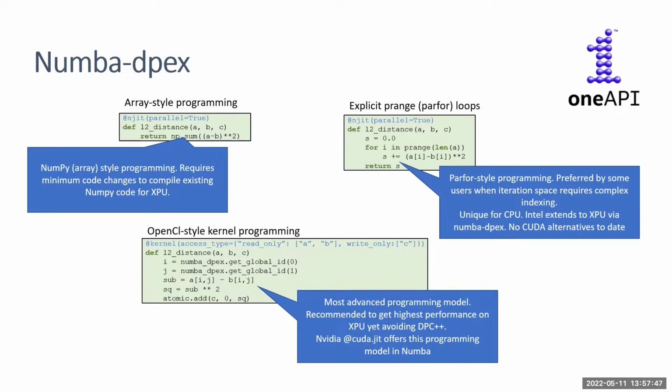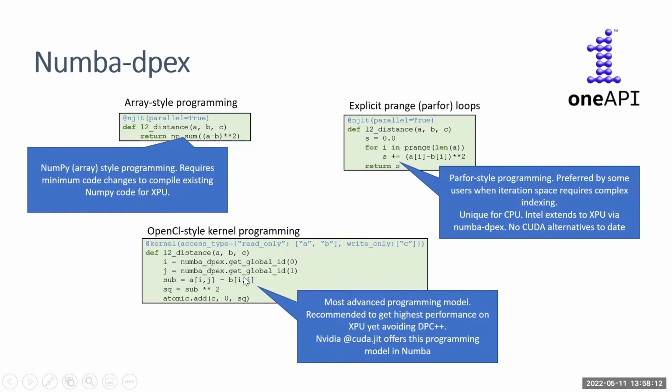Once you use NumPy, this will automatically detect the data parallel kernels using these NumPy expressions, and it automatically offloads to the GPU, to the offload device. The second is explicit prange loops, where we use numba.prange specifically and write an explicit for loop. This will be sent for parallel execution and is triggered whenever a numba.jit function is called.